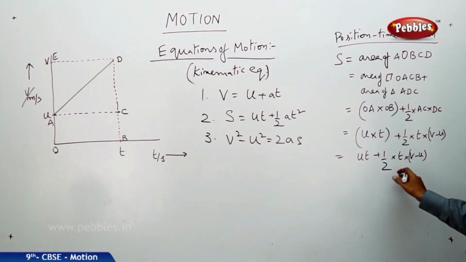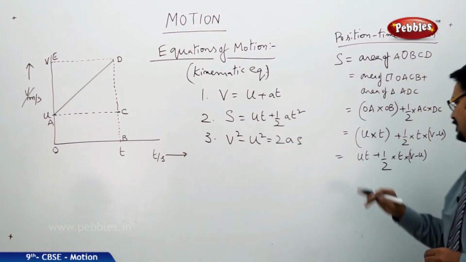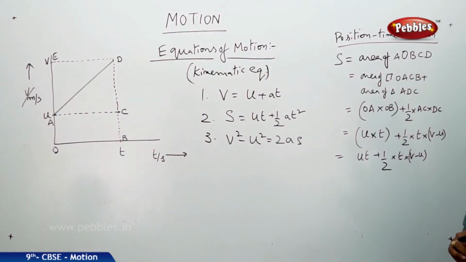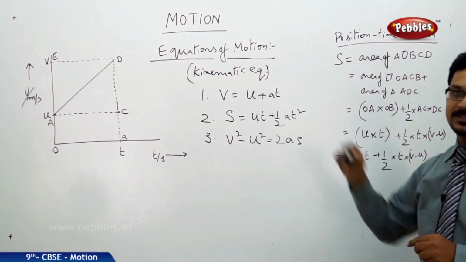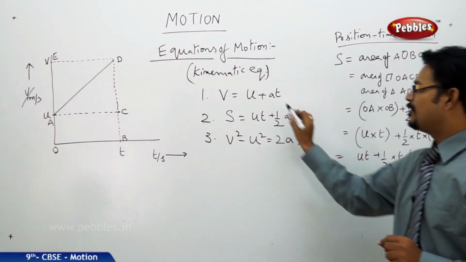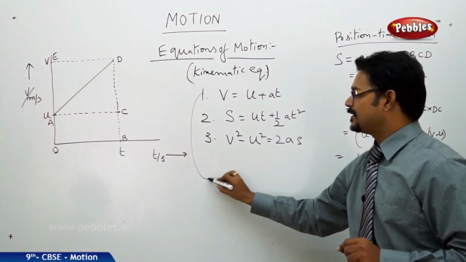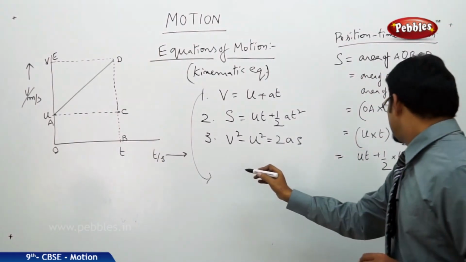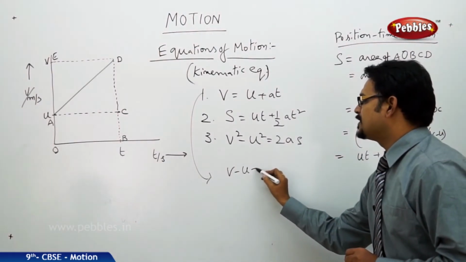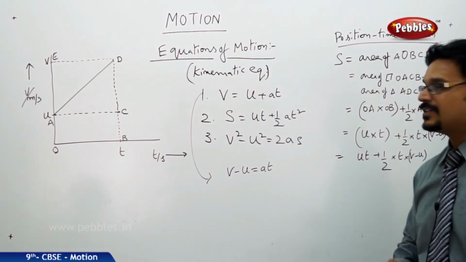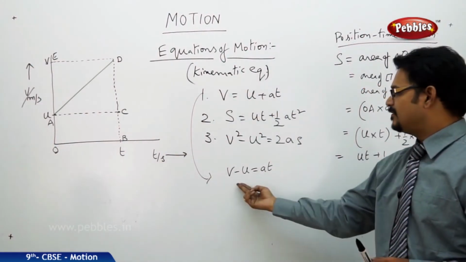Okay, but this is not our formula. Some changes are needed here. If you see the previous expression, V equals U plus AT, if you reframe it, from this first equation, V minus U is nothing but A into T. Take U to the left hand side, V minus U equals AT.